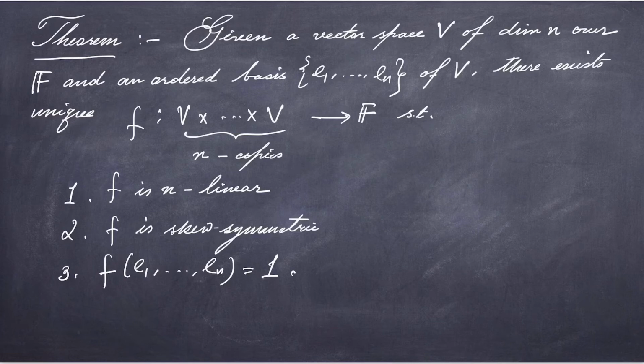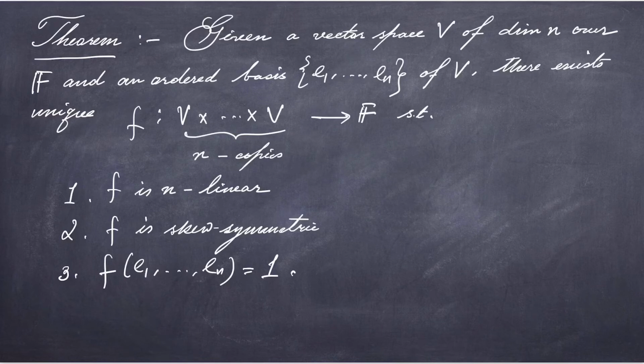That is, if we have another function with these three properties, then that function must be the one which we have constructed. In order to construct f, let's first try to guess what it is going to be. Once we have made a reasonable guess, then we will proceed. So how will we guess? How does one guess?